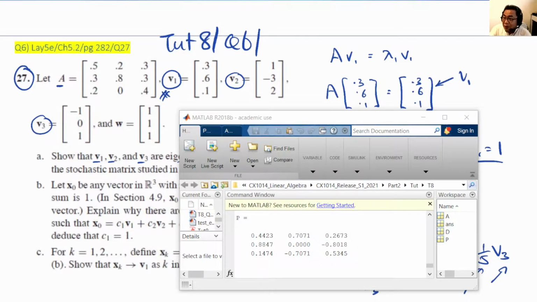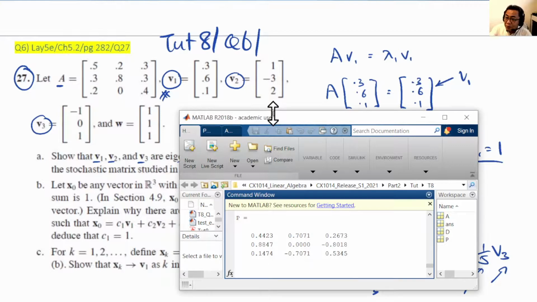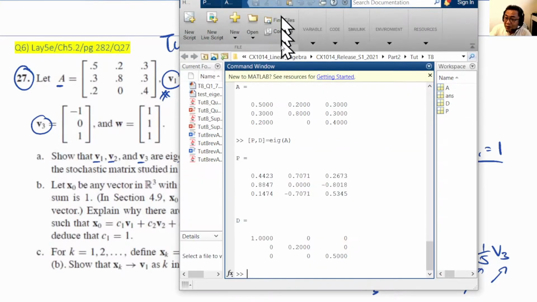The other clue that will tell you which P belongs to which is that P1 corresponds to eigenvalue D1, P2 corresponds to eigenvalue 0.2, and P3 corresponds to eigenvalue 0.5. That's another clue where we can associate with the original V1, V2, V3.